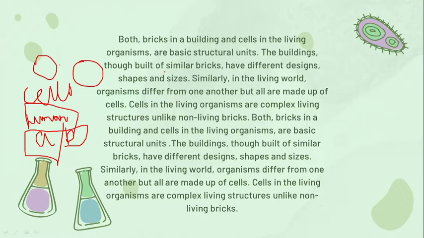So let's continue. Cells in living organisms are complex living structures, unlike non-living bricks. Both bricks in a building and cells in organisms are basically structural units. The buildings, though built of similar bricks, have different designs, shapes and sizes. Similarly, organisms differ from one another but are all made up of cells.